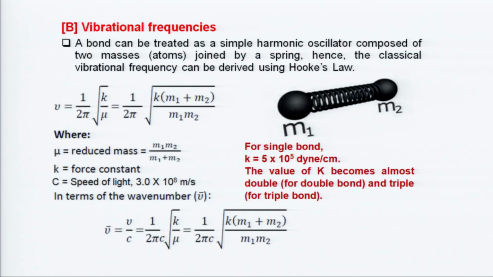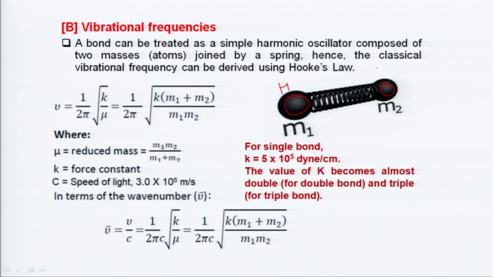Okay. Let us consider part B of the theory, that is vibrational frequency. Remember, we have assumed that the bond is just like a spring, as I have mentioned here. So, there is a spring and these are the two balls, balls meaning the atoms. Suppose we have made HCl.